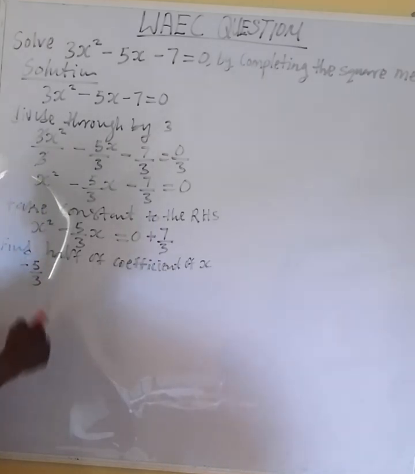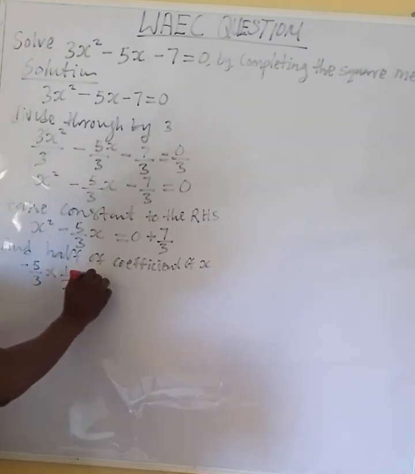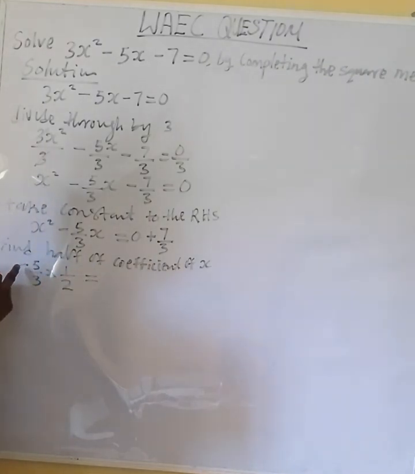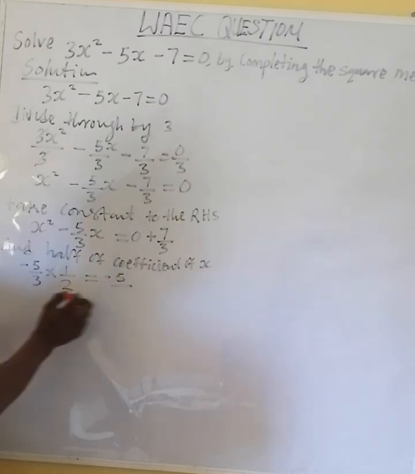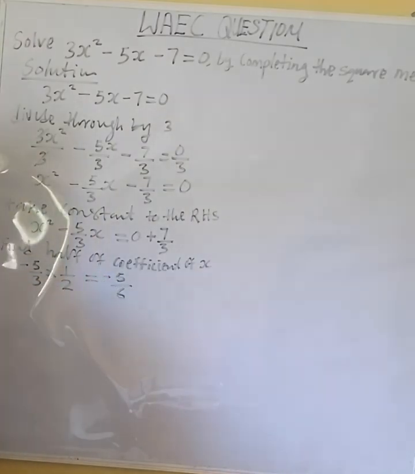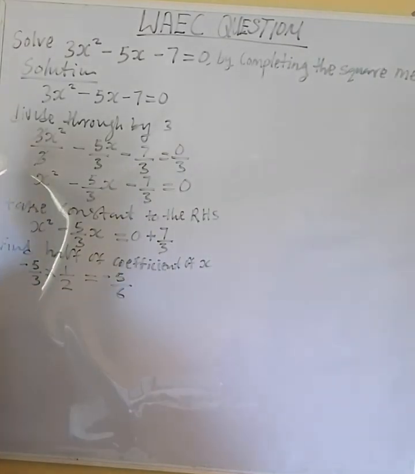To find half of it, you say times 1 over 2. So everything equals minus 5 times 1, which gives you minus 5 over 3 times 2, which is 6. So that is the half of the coefficient of x.